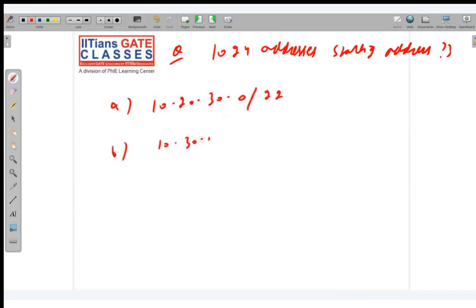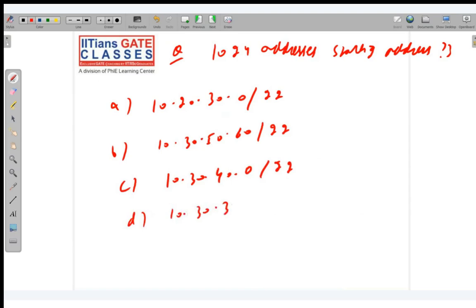B option is 10.30.50.60/22. C option is 10.30.40.0/22. And D option is 10.30.35.0/22. Which is correct, which is wrong?